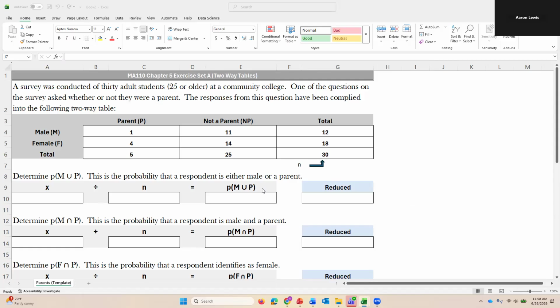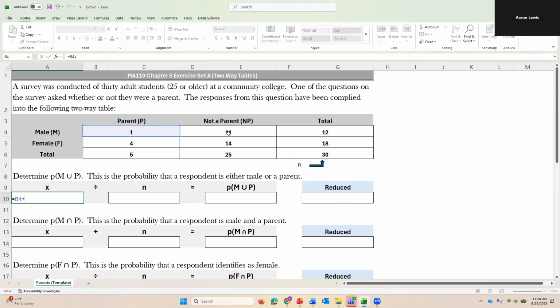a parent. Well, to figure this situation out, what we can do is figure out how many different people meet this classification. And this, male or parent, only has to meet one of the two different criteria. So all of the males would count right here. The one male who was a parent, he counts, he meets both of the conditions.